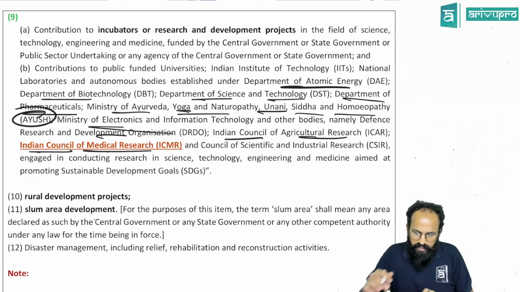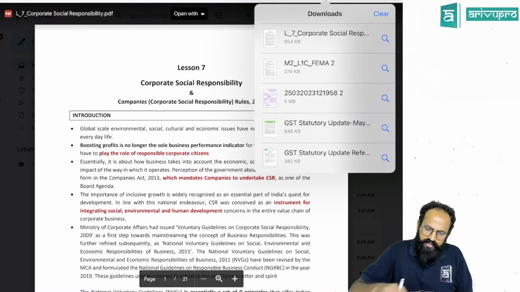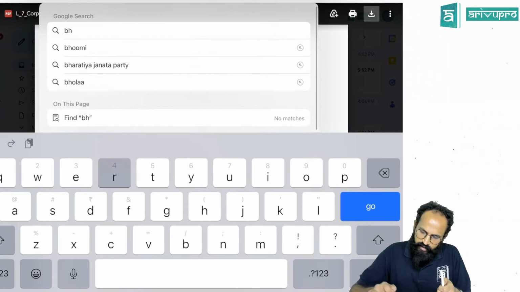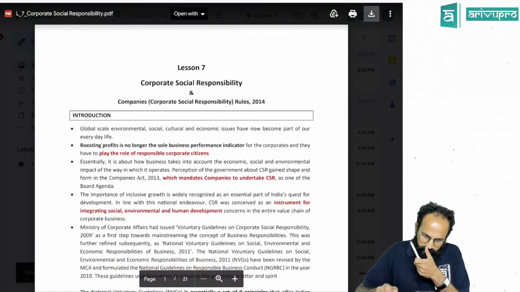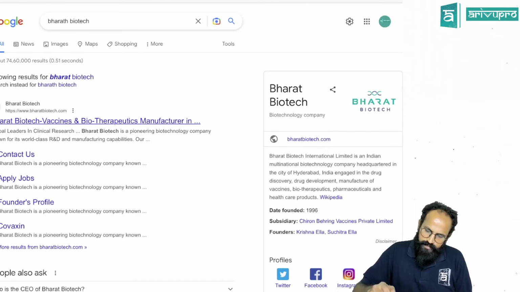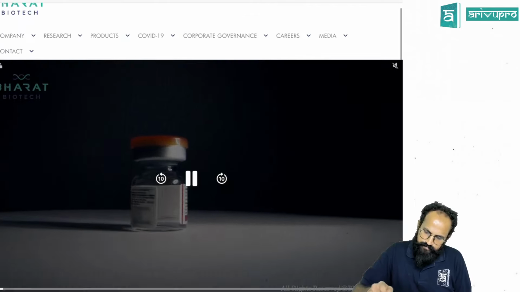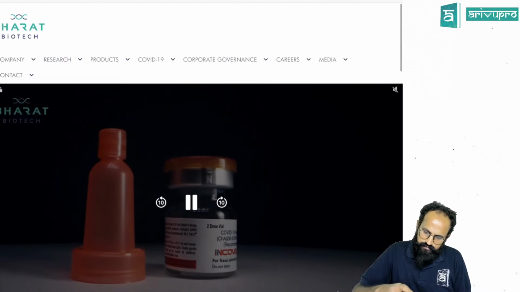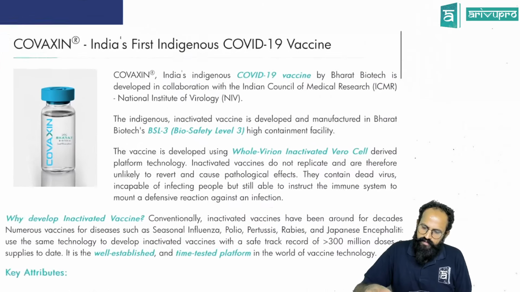Understood? Okay. Which company invented Covaxin? Bharat Biotech. Read.